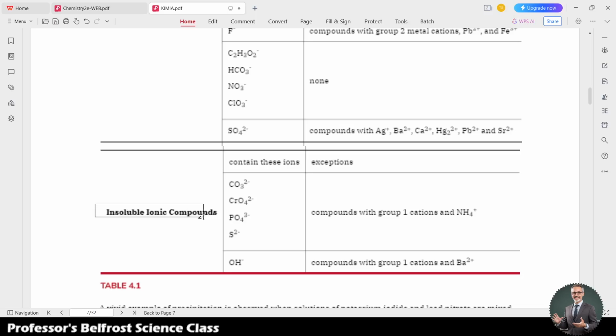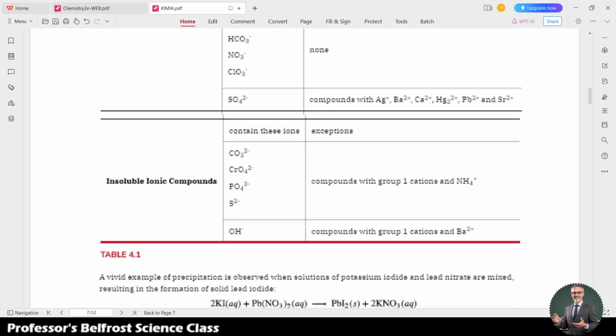Okay. And insoluble ionic compounds are the ones that contain these ions: carbonate, CrO4 2 minus, chromate or what, and PO4 3 minus, which is phosphate, S 2 minus, sulfide. And the exception is compounds with group 1 cations and ammonium, and also hydroxide, but the exception is compounds with group 1 cations and with barium ion.